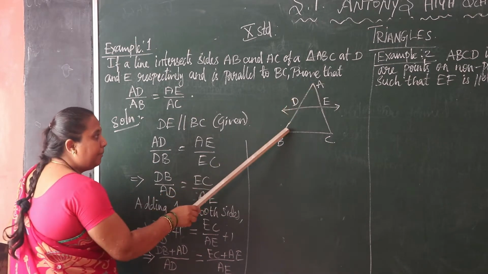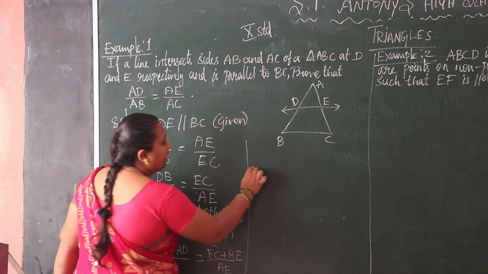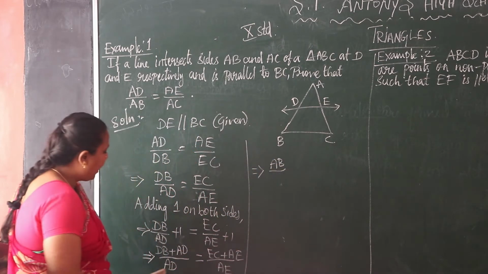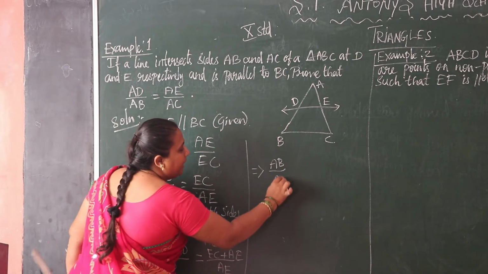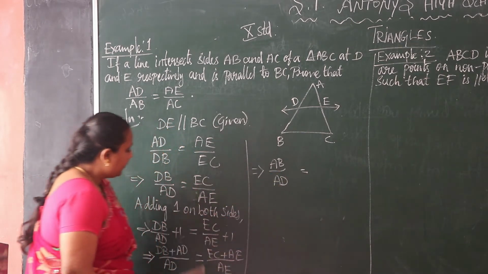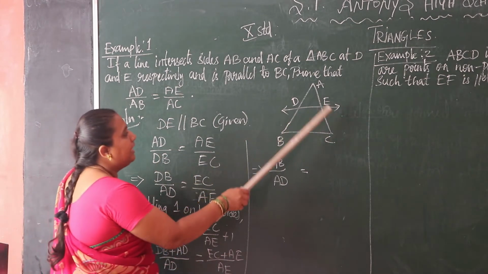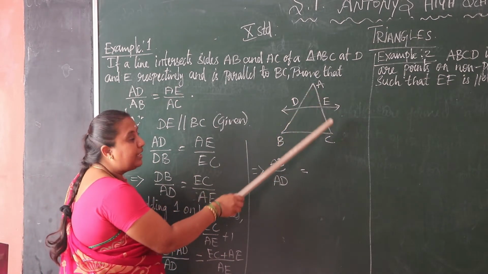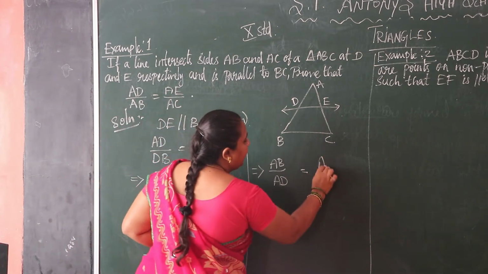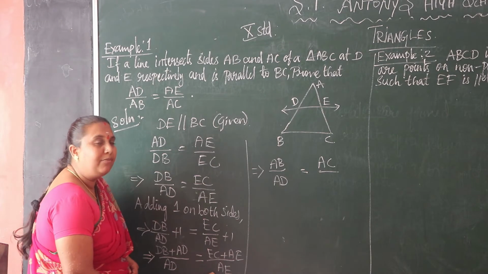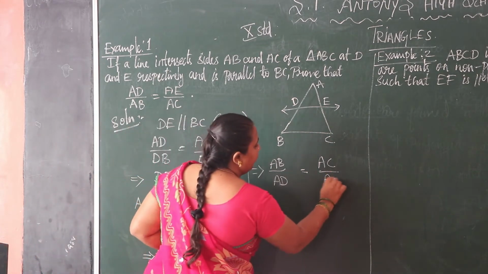DB plus AD we can write as AB, no? So AB by AD equals, in the same way, EC plus AE we write as AC, so AC by AE.